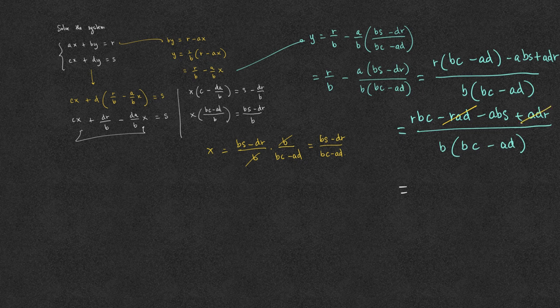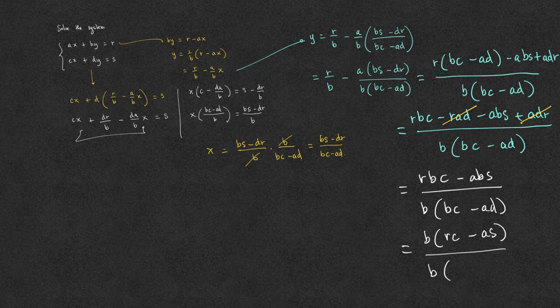And so we obtain rbc minus abs over b times bc minus ad. And we factor out b in the numerator to get rc minus as over b times bc minus ad. And so we obtain y equals rc minus as over bc minus ad.